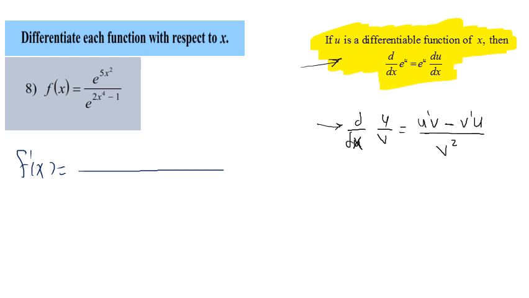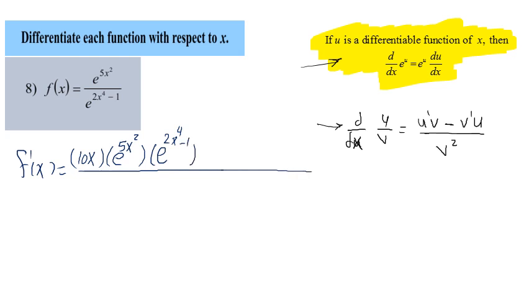the derivative of e to the power of 5x squared. I put down the exponential function multiplied by the derivative of the power, which is 10x, multiplied by the denominator, e to the power of 2x to the power of 4 minus 1.